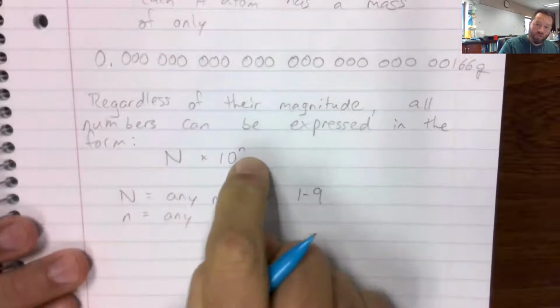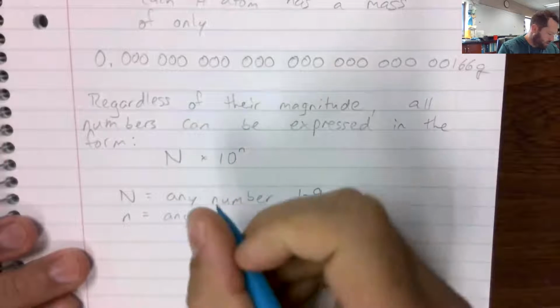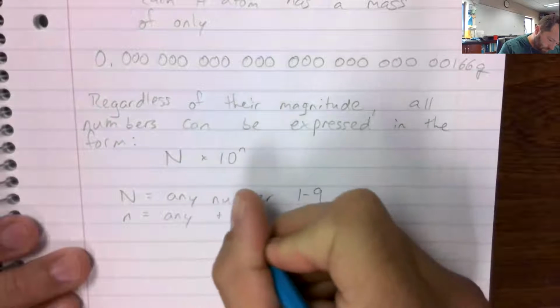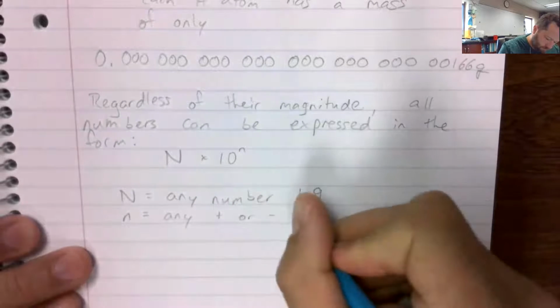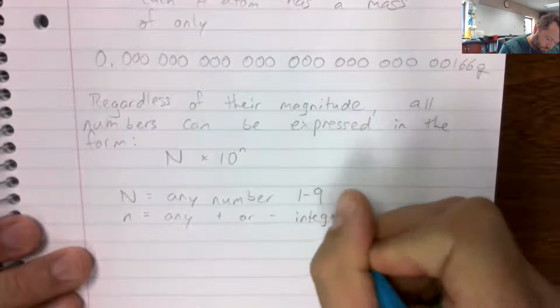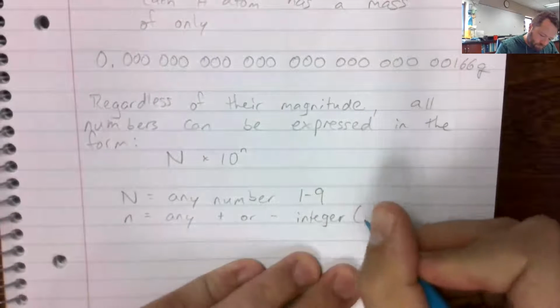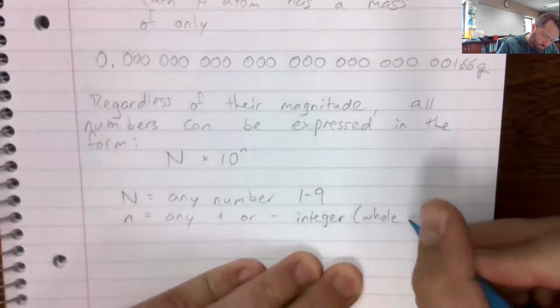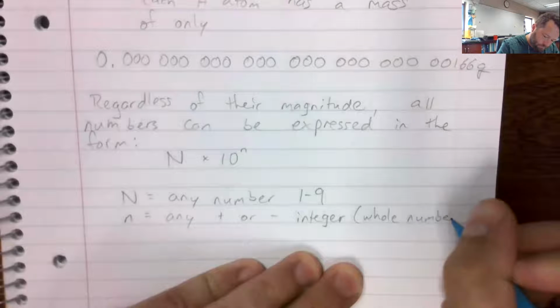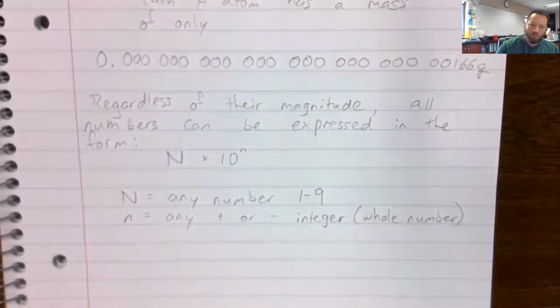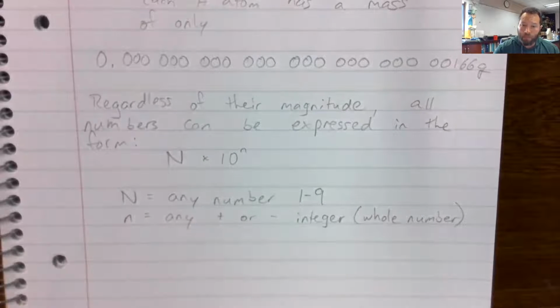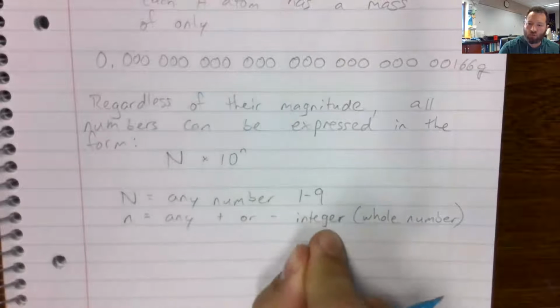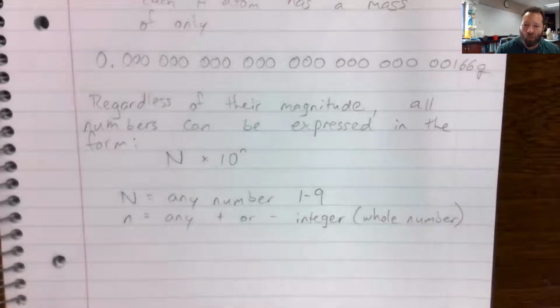The superscript n, so 10 to the power of n, that can be any number, any integer. So keep your math terms in mind. That's a whole number.